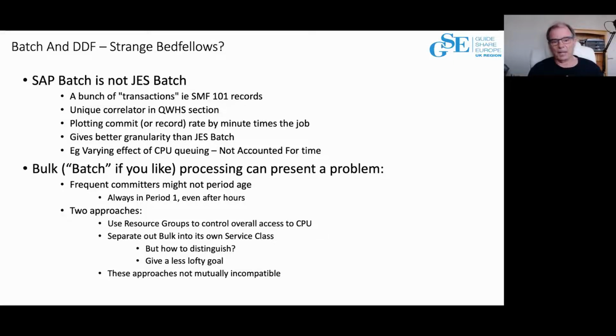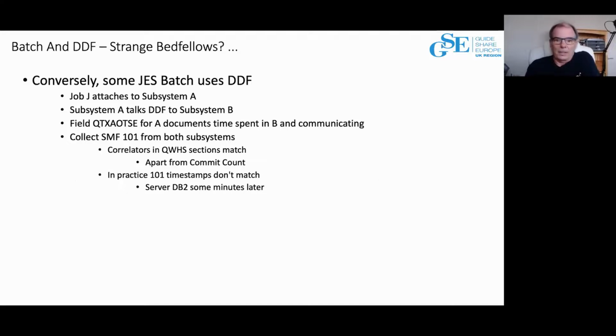But it's a bit problematic if you have something that's a big piece of work, but it commits frequently coming in through DDF because it looks like a bunch of small transactions. And I see that quite a lot. Conversely, some DDF batch actually uses DDF. The customer I'm working with right now has a lot of outbound DDF work originating from z/OS batch jobs.